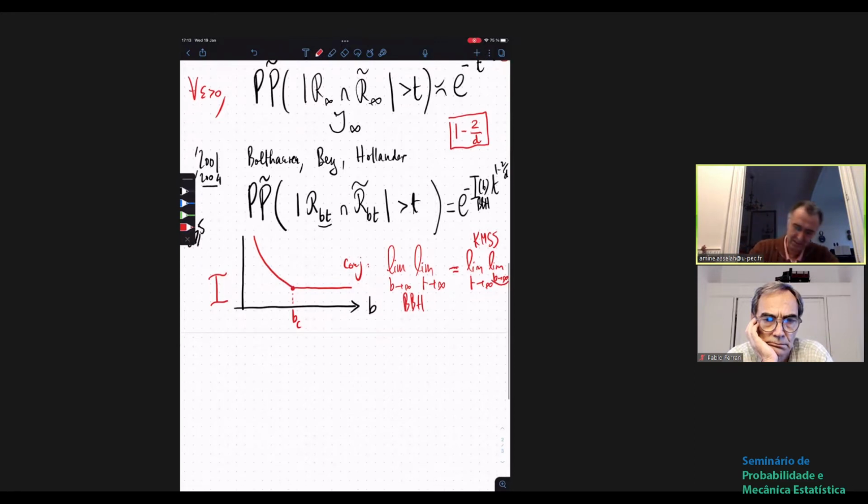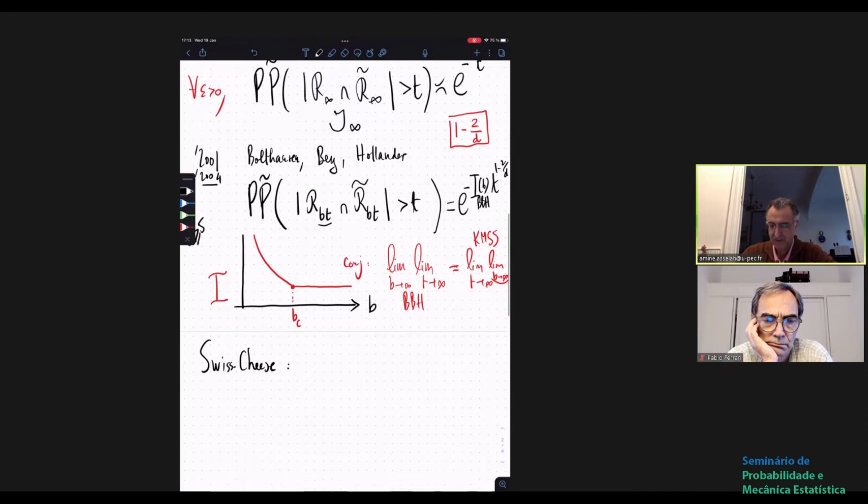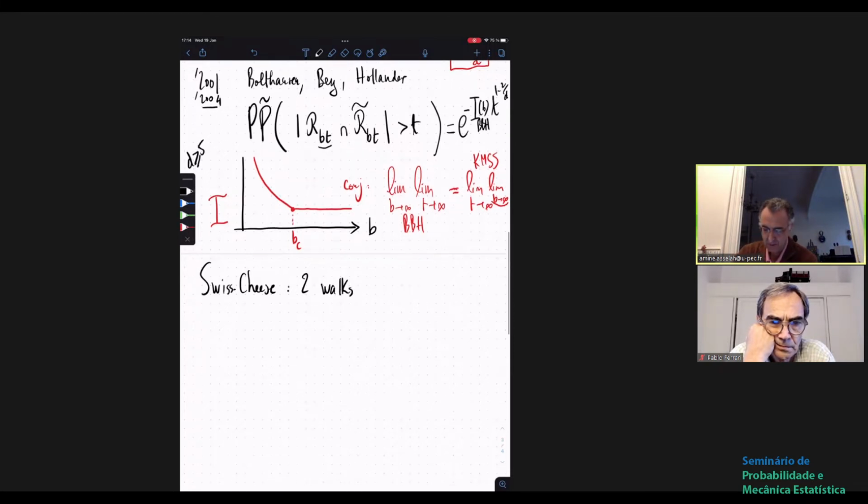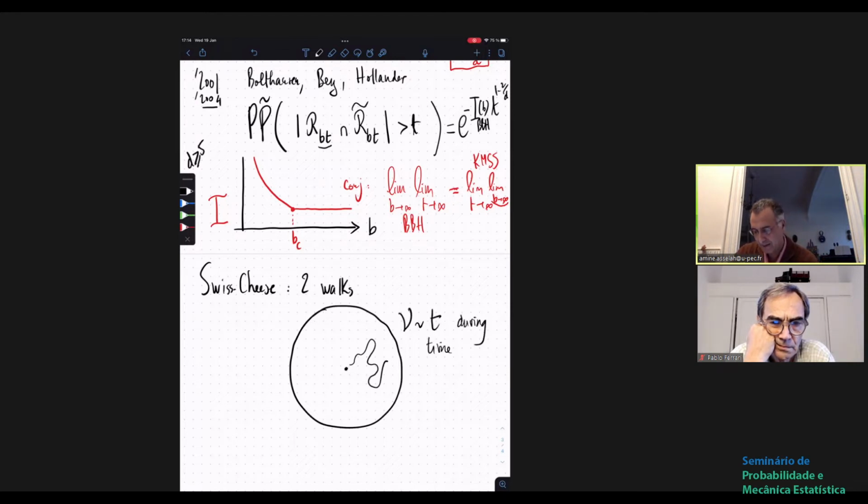So they came up with this popular picture that they call the Swiss cheese, which is that based on their study and on the rate function and on its variational formula, it suggests that the two walks, actually independently, would localize in a ball of volume T during a time of order T, producing a density, so that this is my density of occupation of order 1.